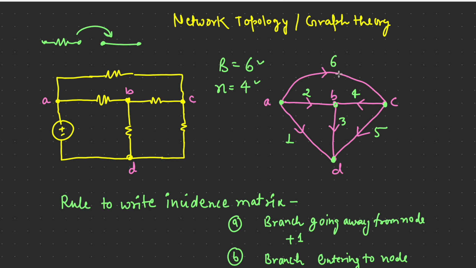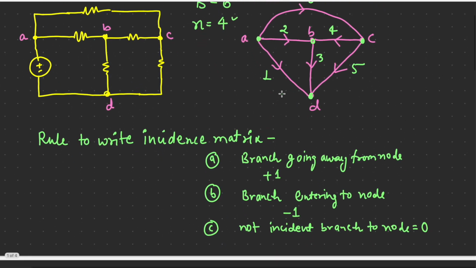Now, this is also called a directed graph because we have defined the direction. Now there is a rule for how to define the direction, and that rule is given as: if a certain branch is leaving from the node, then it should be denoted as positive 1.